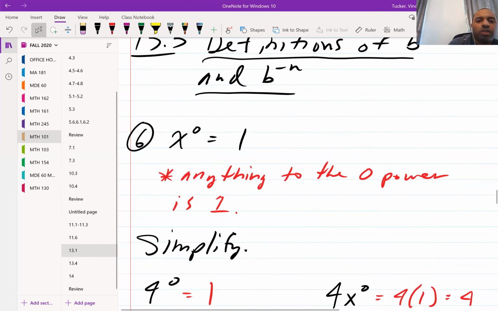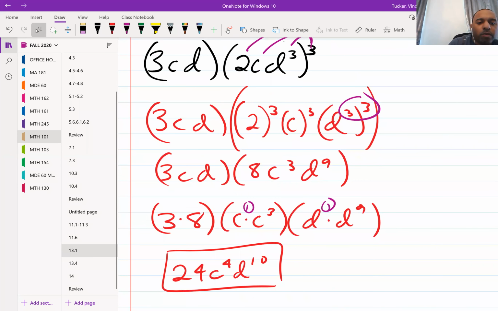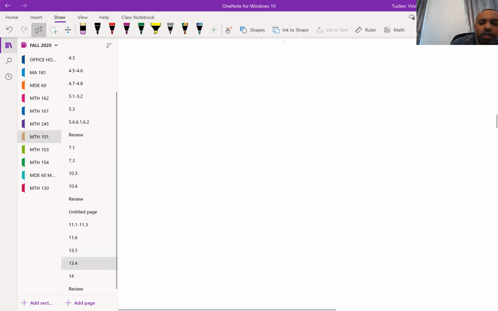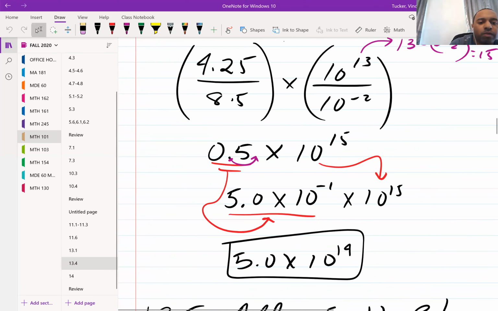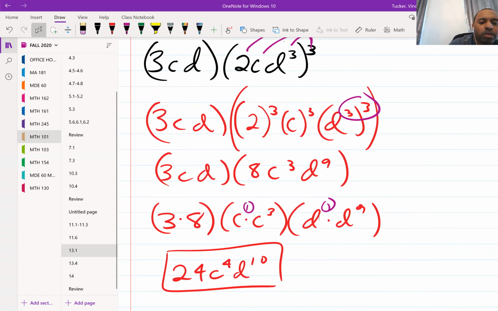Okay. So we can pause right here. That's 2 sections. We can do 2 more sections next class. Do 13.3 and 13.4 next class. We'll do it that way.